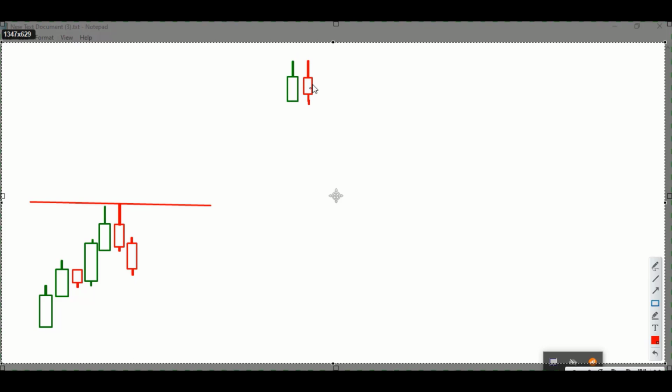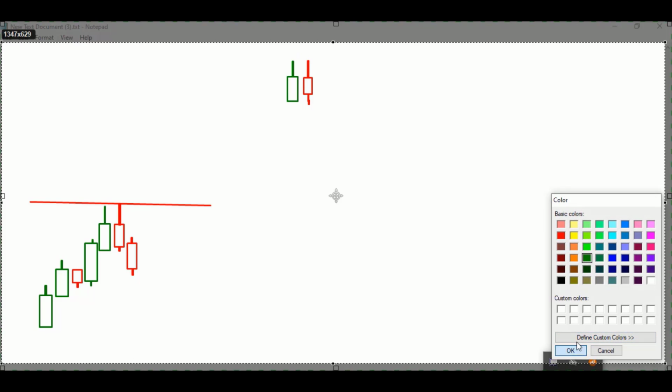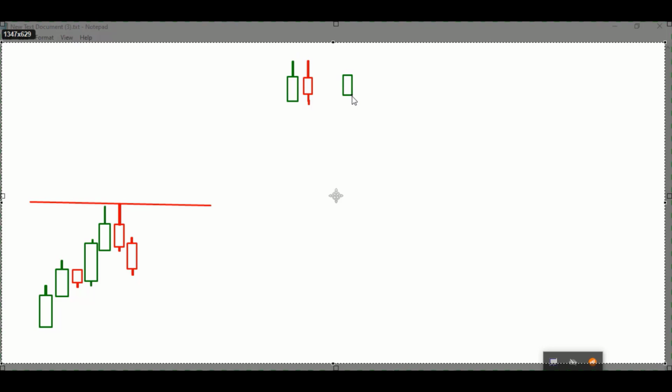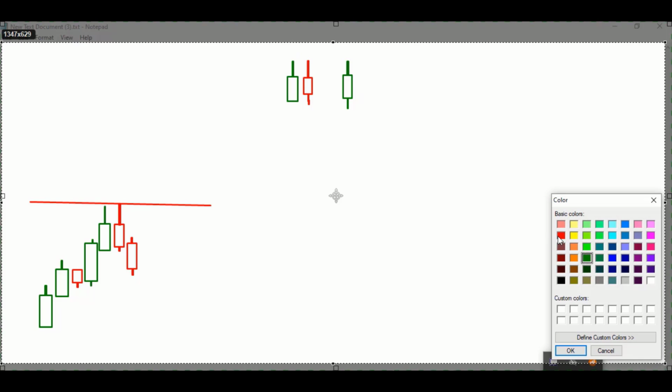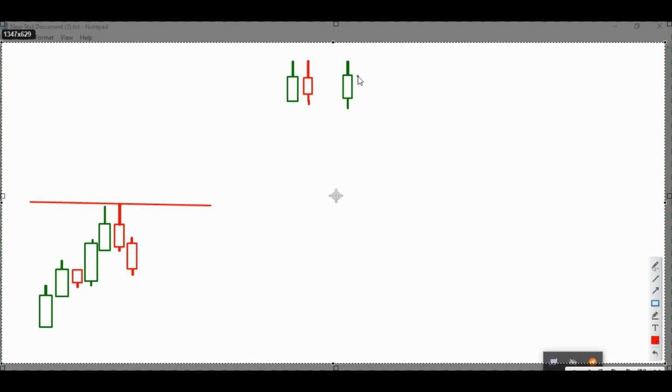We just have to adjust it, and we have to follow this rejection area. So it can be this green one, and this red one. I'm drawing here, and this red one, and like this one.